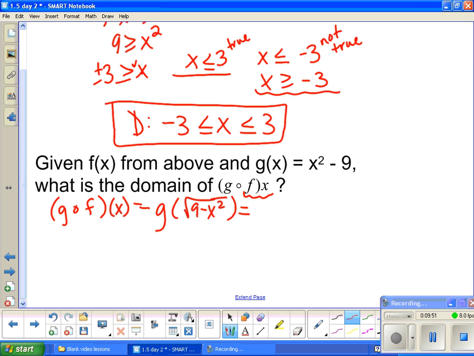So I'm plugging f of x in here: the square root of 9 minus x squared, quantity squared, minus 9. The square and the square root are inverse operations, so they cancel each other out, and I get 9 minus x squared minus 9. 9 minus 9 is 0, so the composition function is 9 minus x squared.